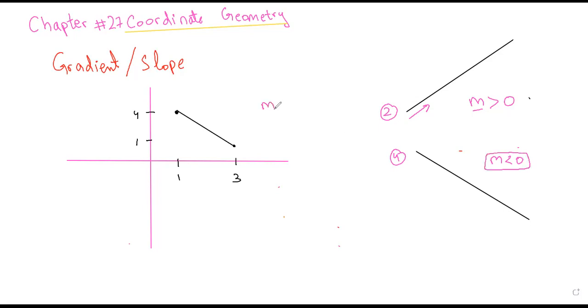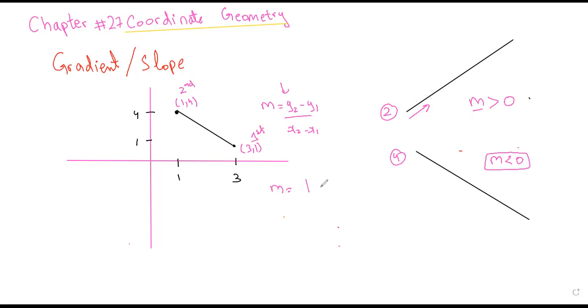So m is y2 minus y1 divided by x2 minus x1. How do we calculate the slope? This is the formula. And if I plug in the values, what do I get? 3, 1 and 1, 4. So m is going to be y2 minus y1 over x2 minus x1, and y2 could be any coordinate. Let's just pick this as the second point and this as the first one.